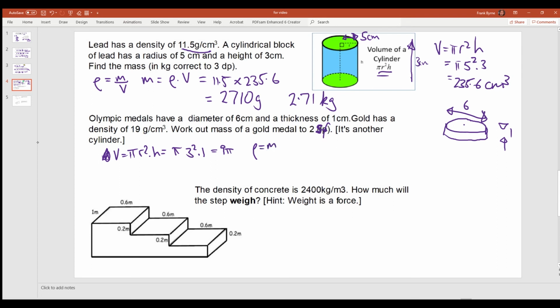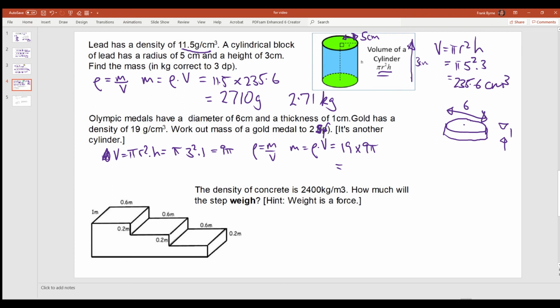Density equals mass over volume. Mass equals density times volume. Density is 19 grams per centimeter cubed, and the volume is 9 pi. That's just a number, so at the moment I've just left it as 9 pi because it's easier instead of calculating it.